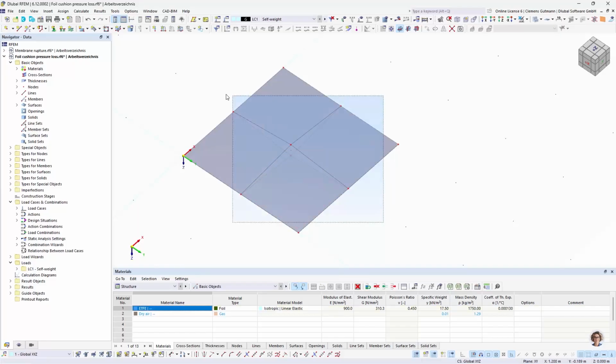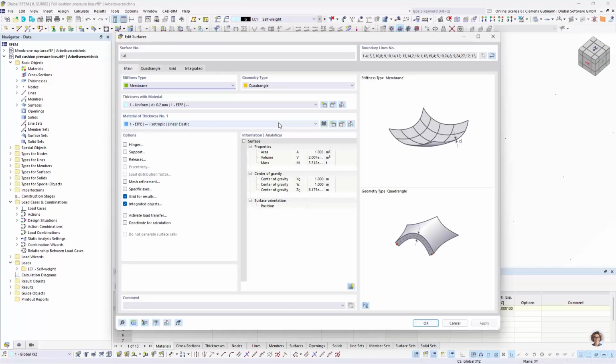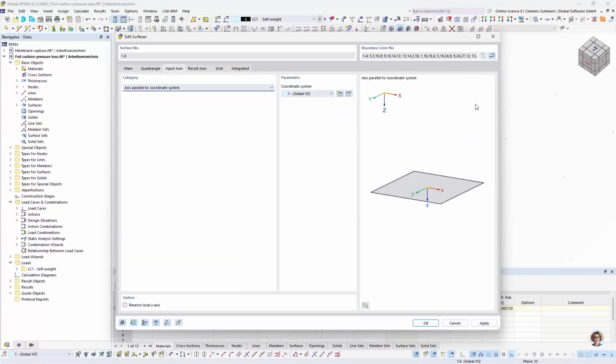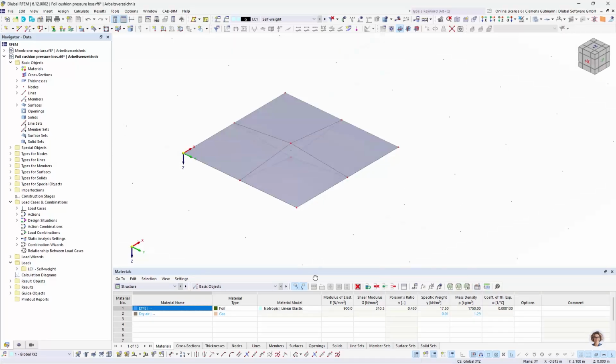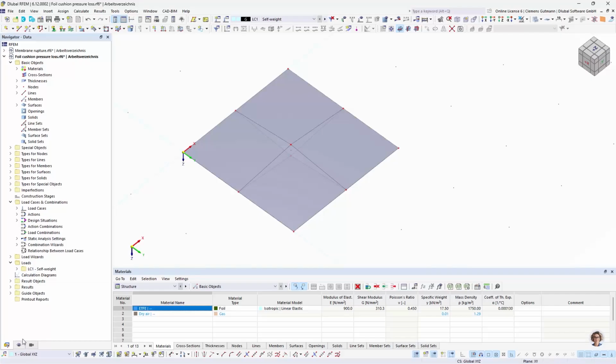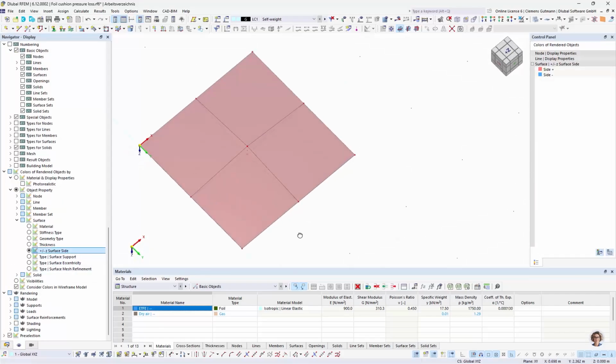Okay, let's quickly take care of the local axis systems so they match. Input axis. And again, make sure that they're oriented correctly, so they're all facing one direction. It's good.